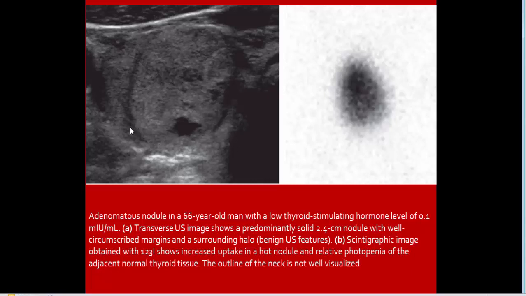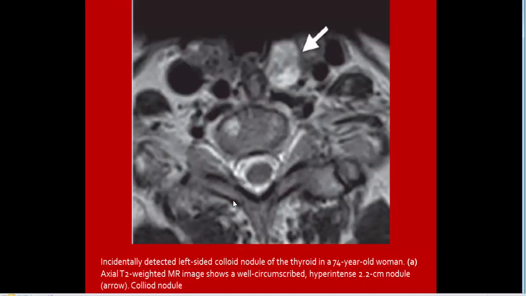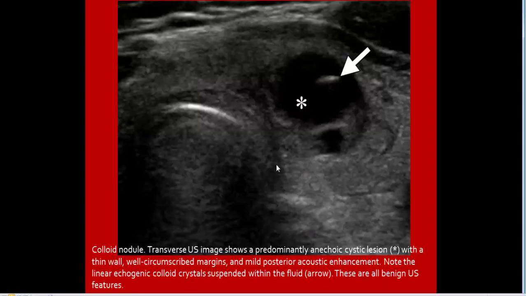Scintigraphic image shows increased uptake in the hot nodule and relative photopenia of adjacent normal thyroid tissue. This is an incidentally detected left-sided colloid nodule, as seen on axial T2: a well circumscribed, hyperintense 2.2 cm nodule, benign colloid nodule.